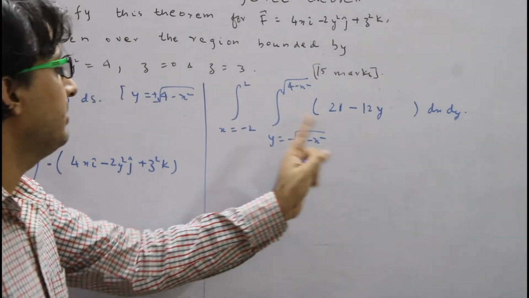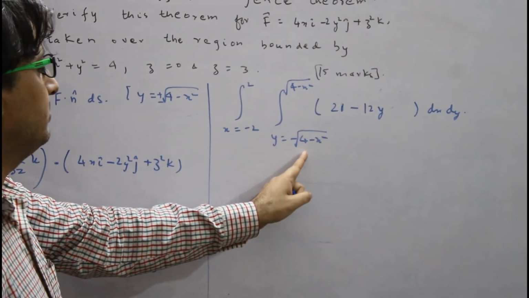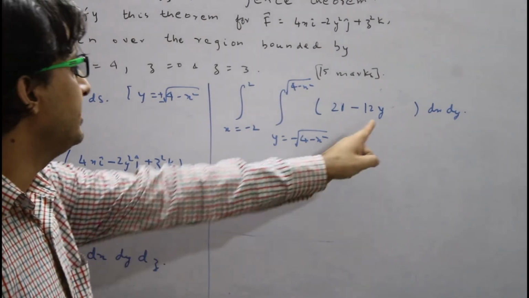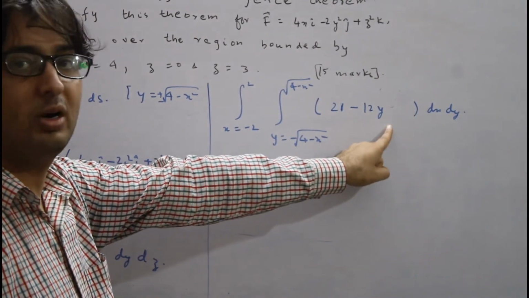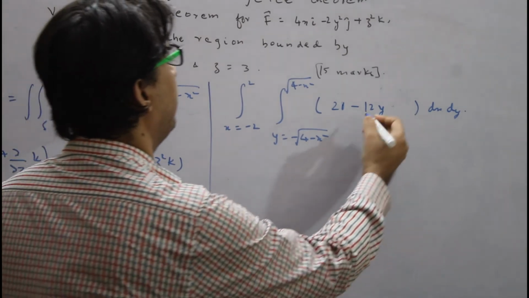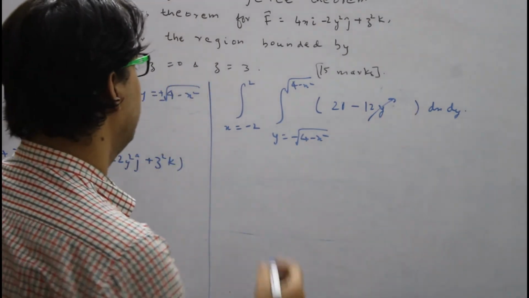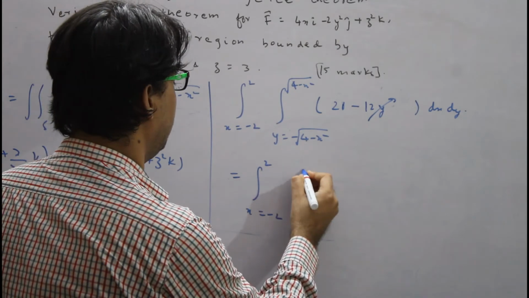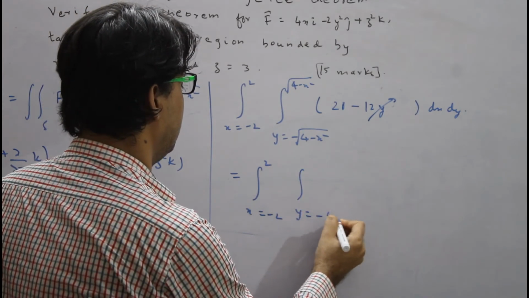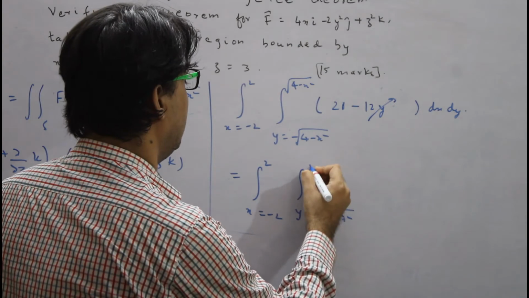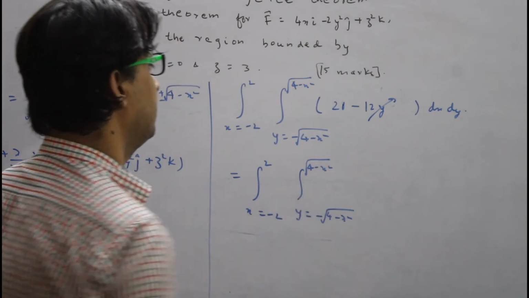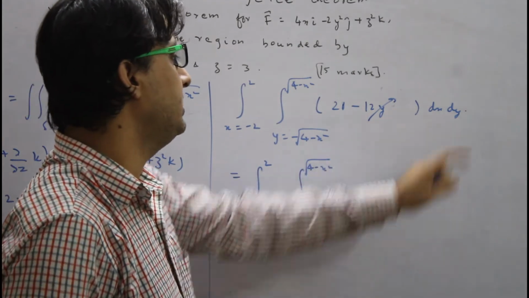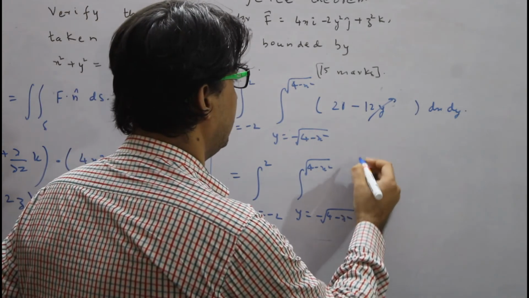Now we are seeing here we have to integrate with respect to dy, y and then x. You can see here y is an odd function, so this can be cancelled out. So we are left with only 21 dx dy.